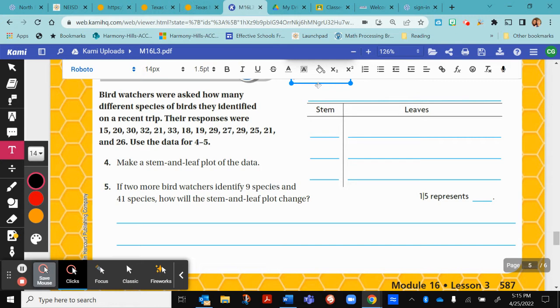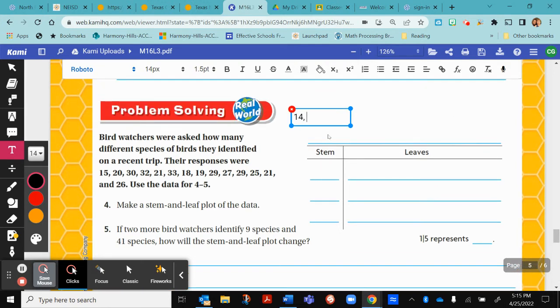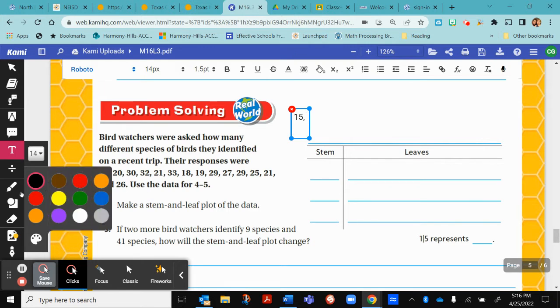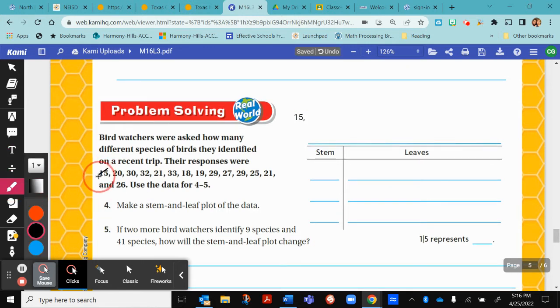I'm looking at my smallest number that I have, and that is 15. I typed 14. I thought I typed 15. 15. Now I'm going to go to the 20s, and I see that I have 20 right here.